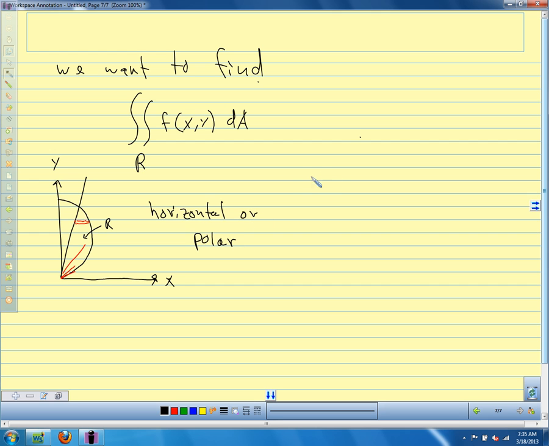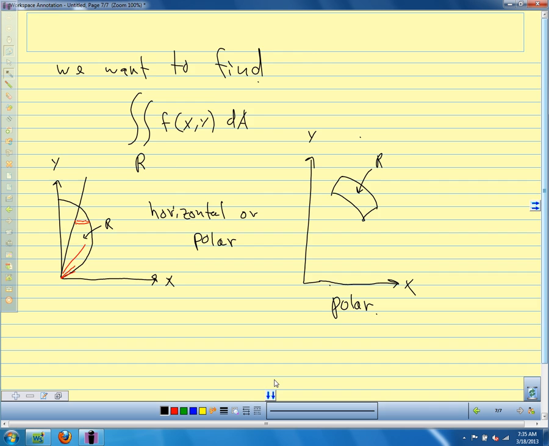How about this region? My curvy x-axis there. How about that region? Polar, definitely, right? That looks exactly like the polar rectangles that we use to set up our polar integral.